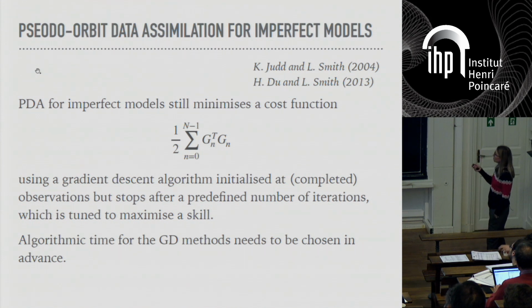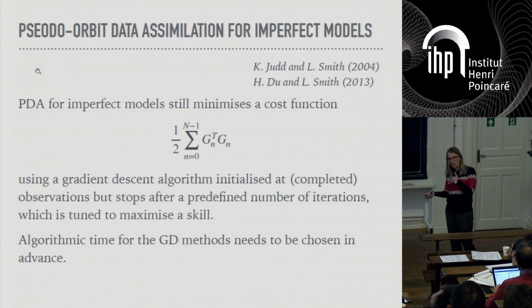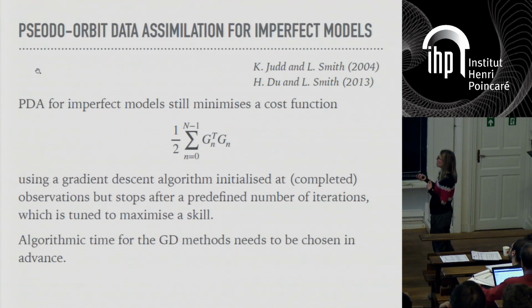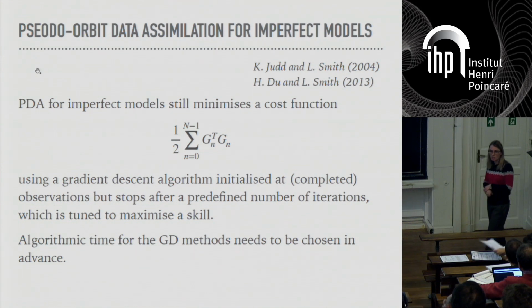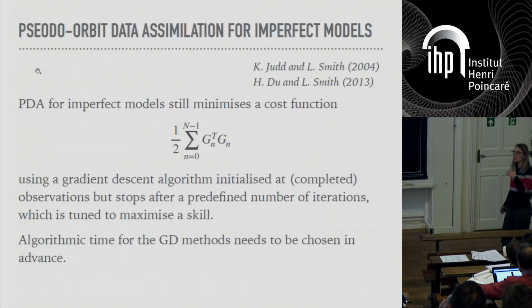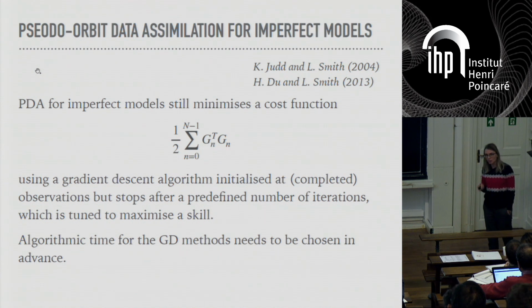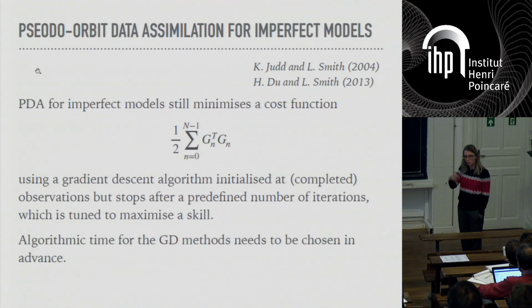That typically is a predefined number of iterations, which is tuned to maximize the skill. In essence, that is the same as what we do, but we use not the skill, but the distance to the observations. Another point is that the algorithmic time in the gradient descent has to be chosen in advance while we do it adaptively.